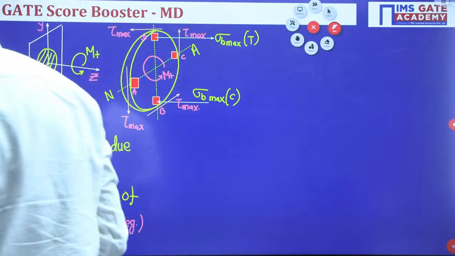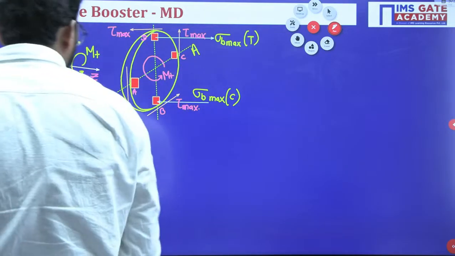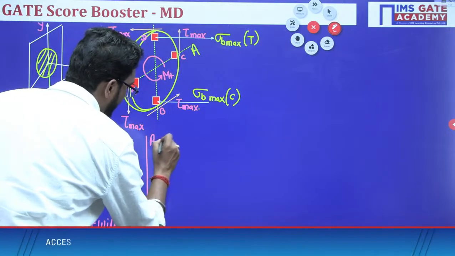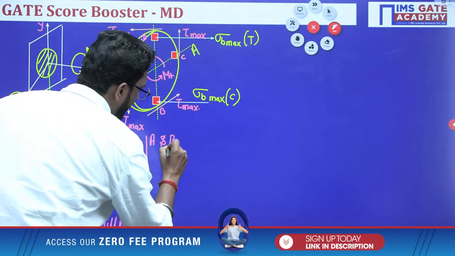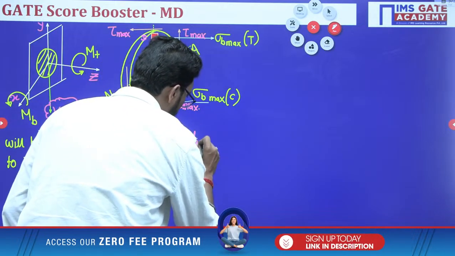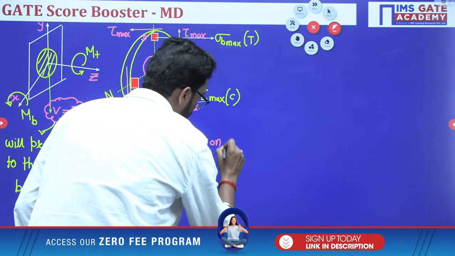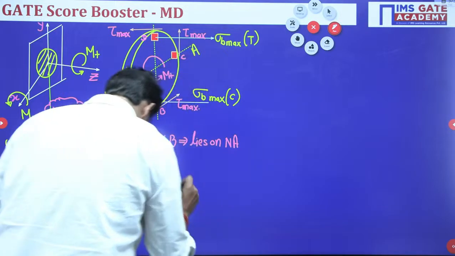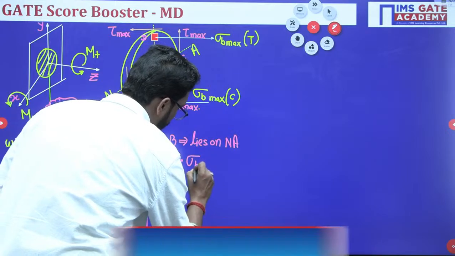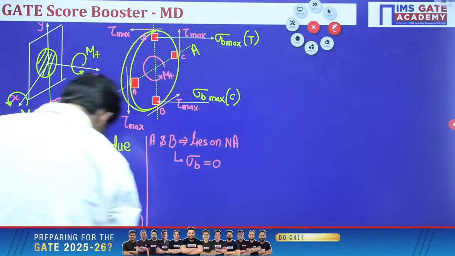So my dear, see this thing. Here we have to write that points A and B lie on the neutral axis, so bending stress is equal to 0, though there is a torsional shear stress.